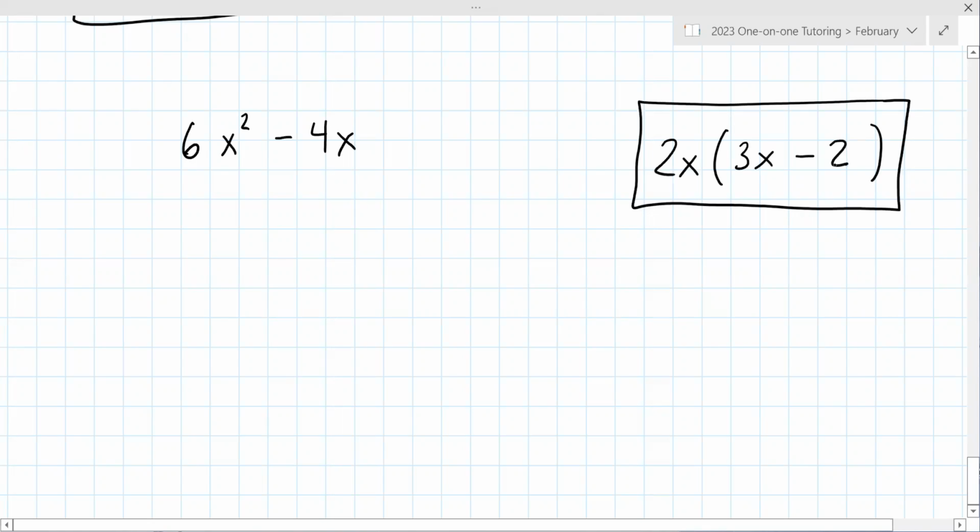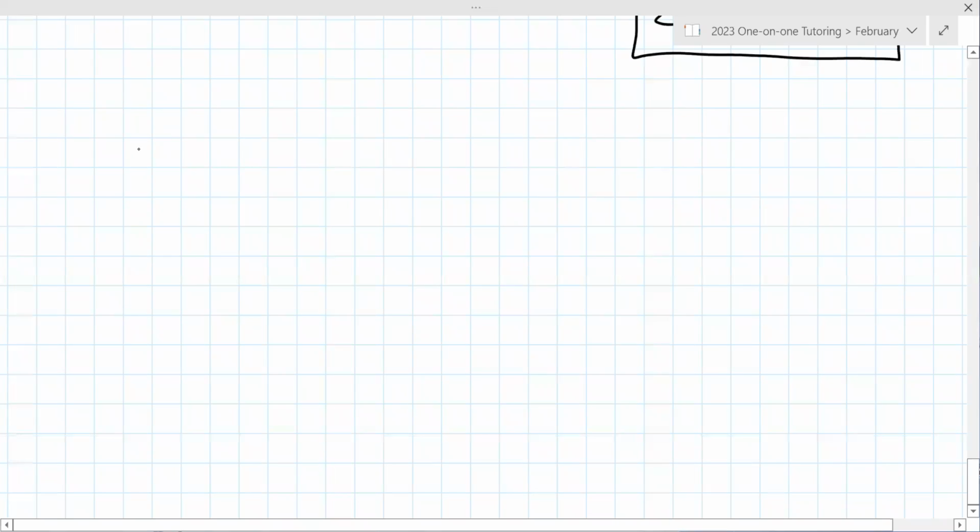Yes, very good. Okay, so we're going to increase the difficulty just a tiny bit here. Let's say it's 12x cubed minus 6x squared plus 18x. So notice all I'm doing here is increasing the number of terms.